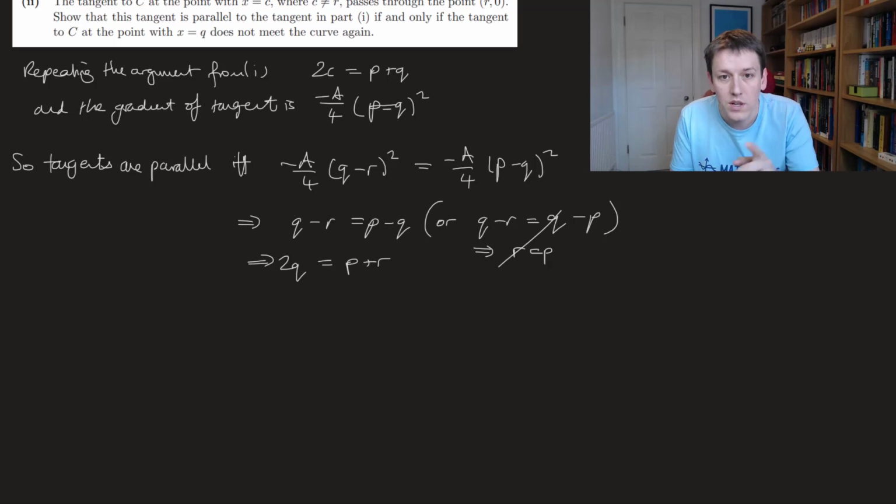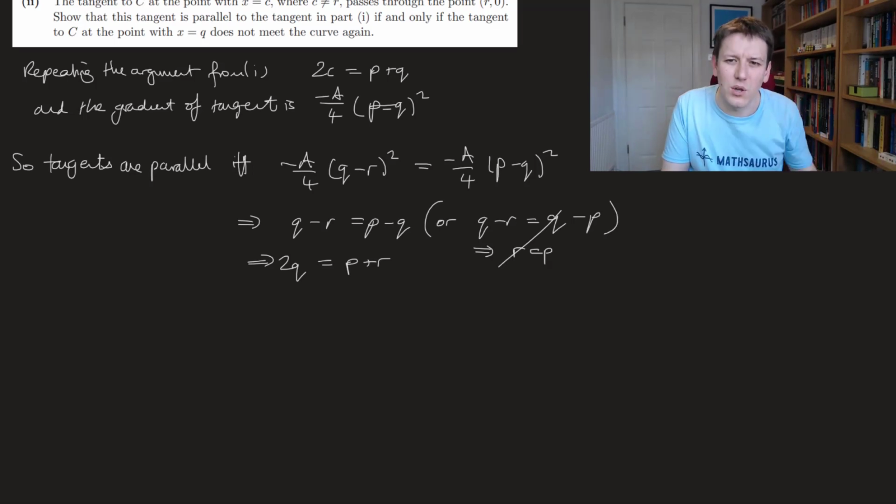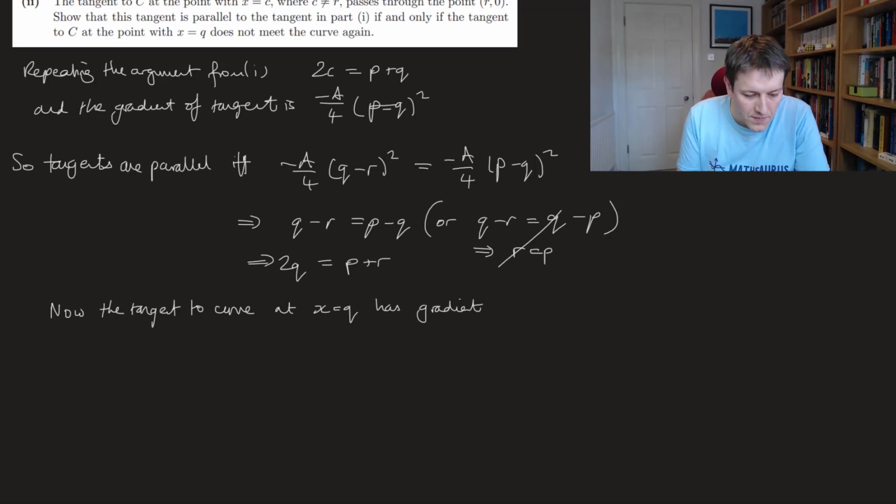Anyway, this question then asks about the tangent to c at the point with x equals q. So that's the last tangent we need to think about, right? So let's say now the tangent to the curve at x equals q, that's going to have gradient a multiplied by q minus p and q minus r.